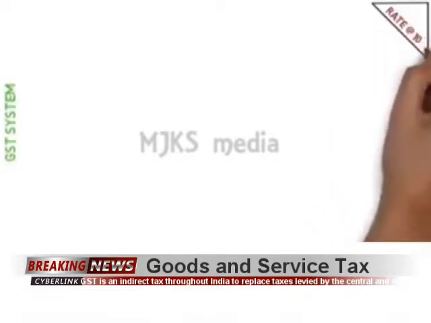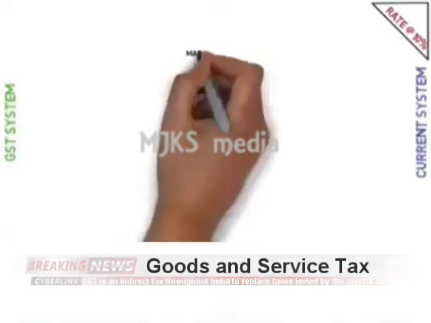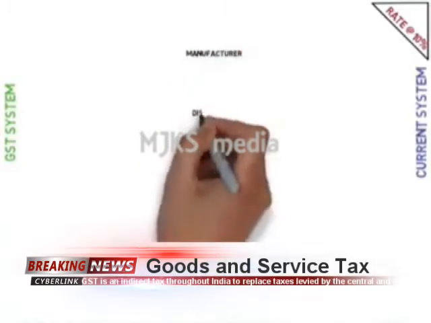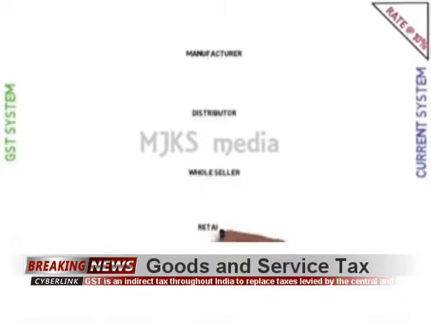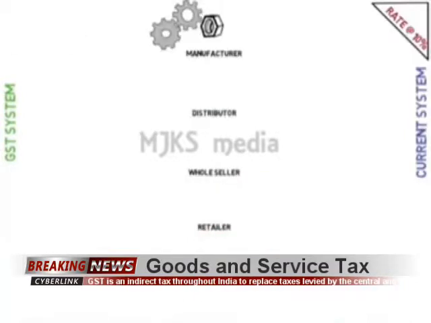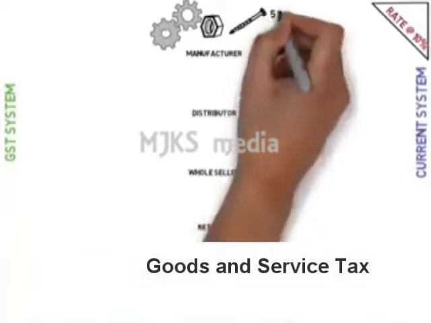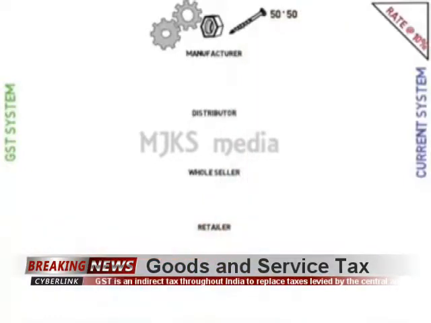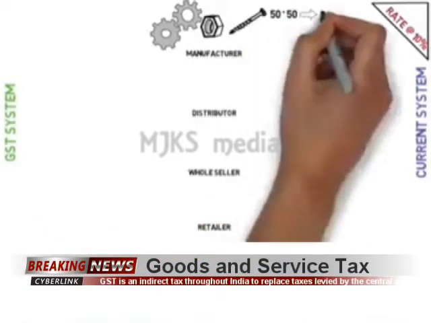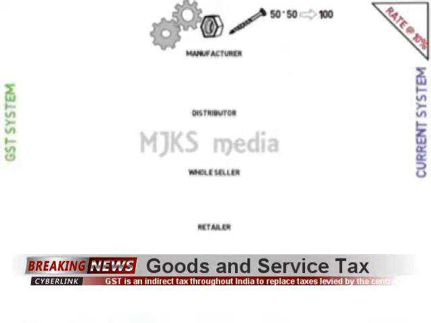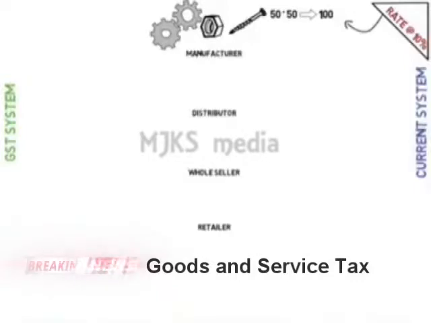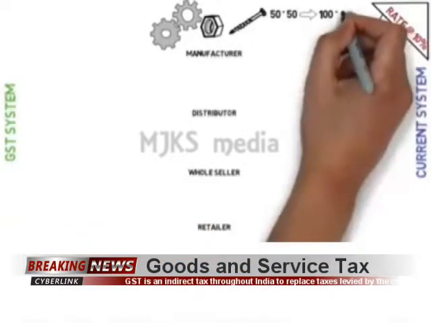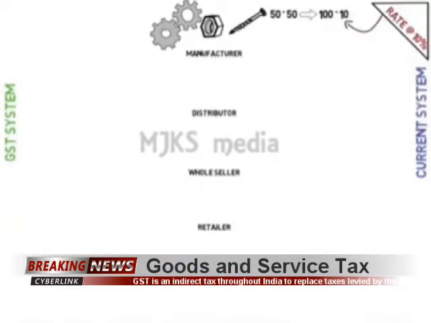Consider a simplified tax rate of 10% at each level. There are generally 4 levels: manufacturer, distributor, wholesaler and retailer. The manufacturer buys raw material, let's say of 50 rupees, and manufactures the product, which adds 50 rupees value to it. So the product becomes 100 rupees. And for selling this product, he needs to pay 10% tax, which is 10 rupees.